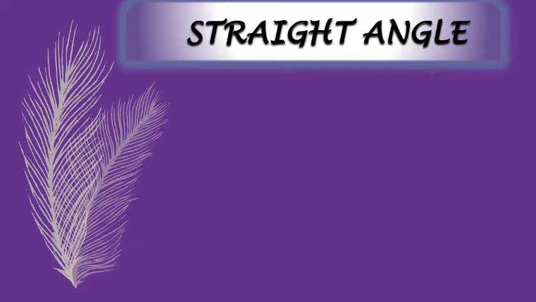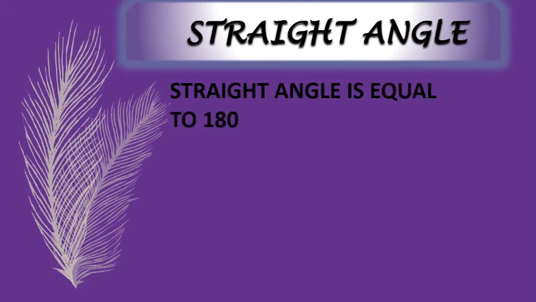So the next type we have is straight angle. As the name suggests, it should be straight. So first understand this. Straight angle is equal to 180 degree. This is a ray whose initial point is A and extended point is B, and I have drawn just opposite to this another ray whose name is ray AC.